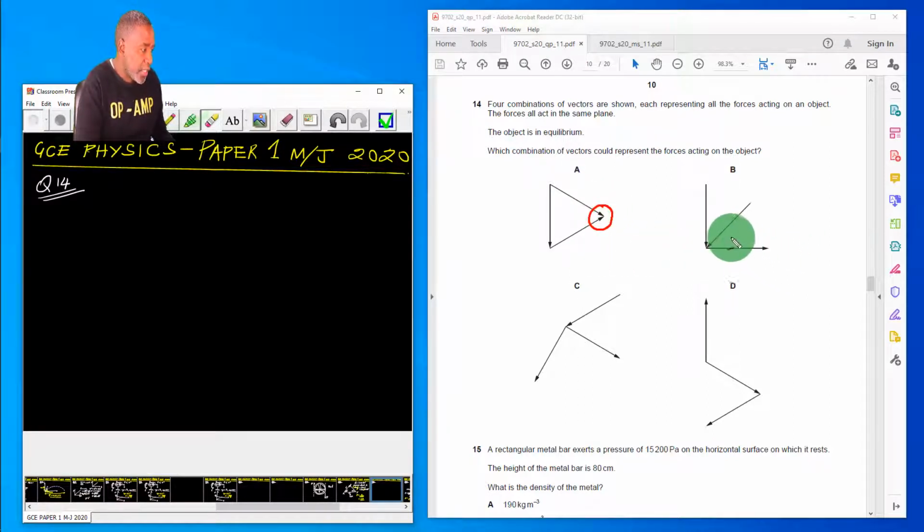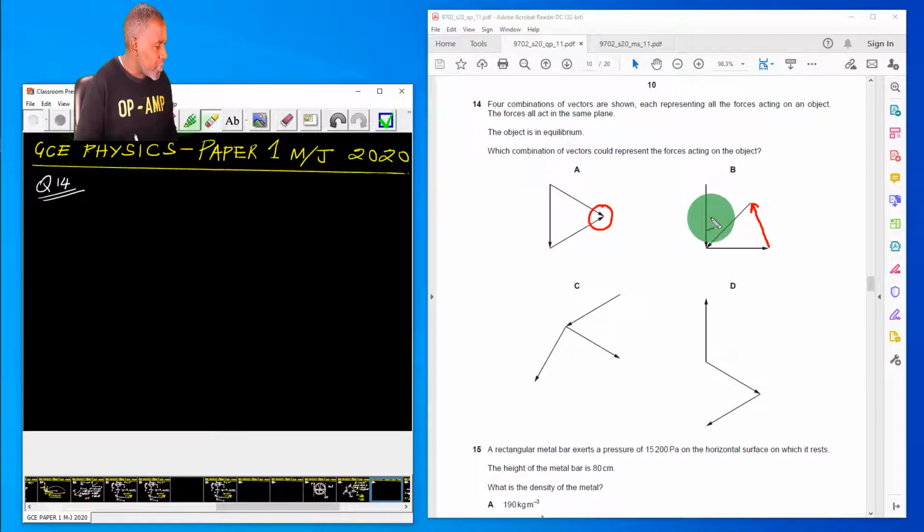Let's look at these connections here. Over here, I have these two, this one and this one, head to tail. But for this system to be in equilibrium, I would need a third force. The third force ought to be connected here and it ought to point like that. But again, that is not the case.